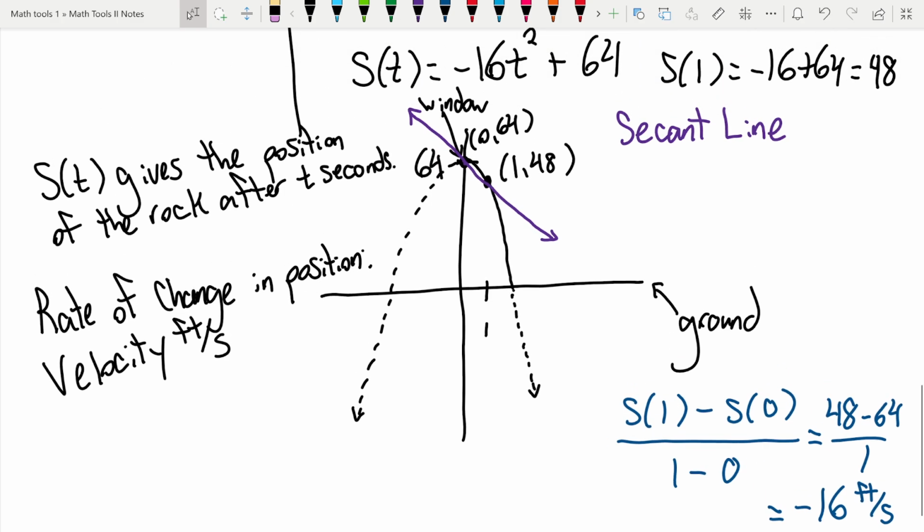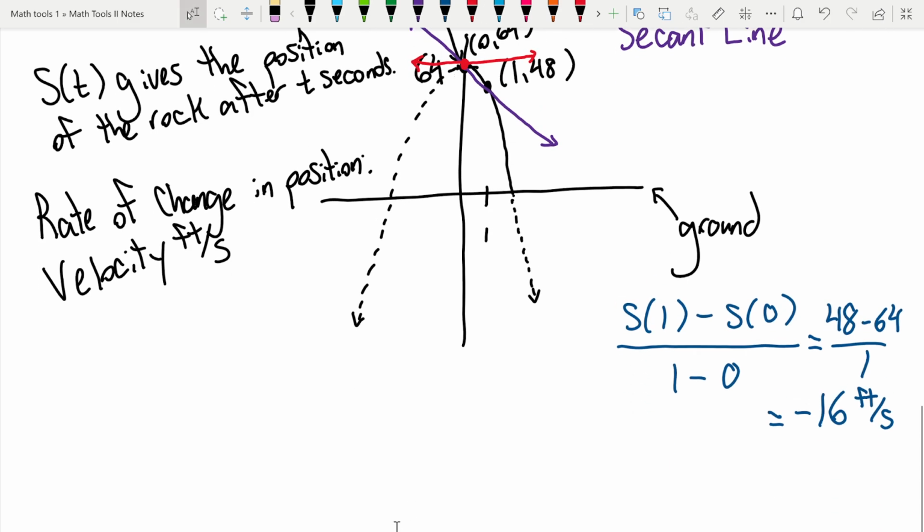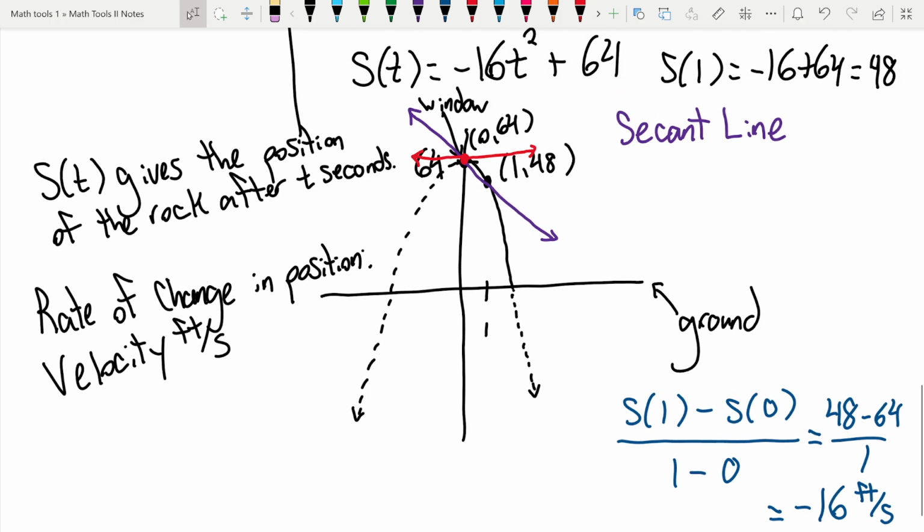So in this case, if I had a function that looks kind of like this, and it only intersects just at that point, that would be what's called the tangent line. Okay. At this point, in this function, it's actually very easy to find.